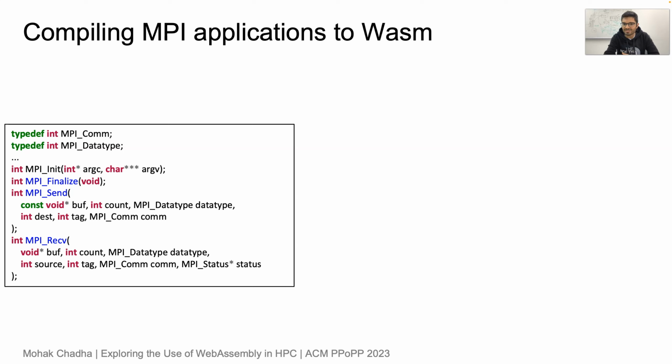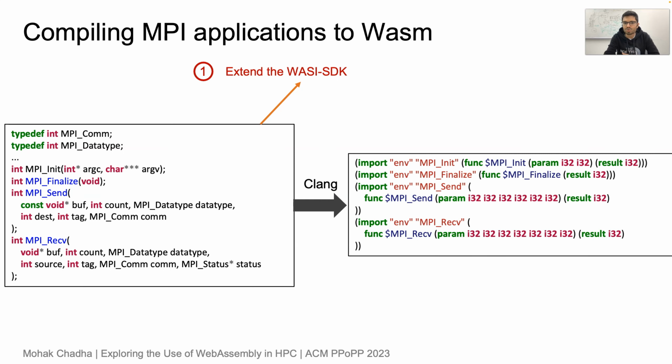We integrate this into the WebAssembly System Interface SDK, which combines the Clang compiler and the WASI libc library for compiling POSIX-based C++ applications to WebAssembly. Second, to automate the compilation process, for example, downloading the different dependencies for your system, we implement a custom Python-based tool that does that for you.